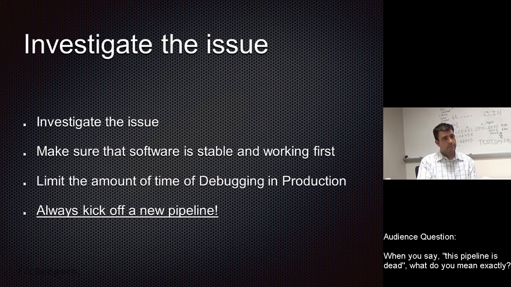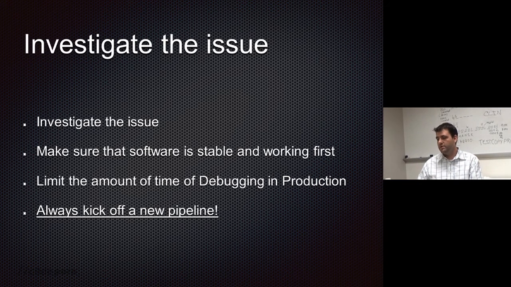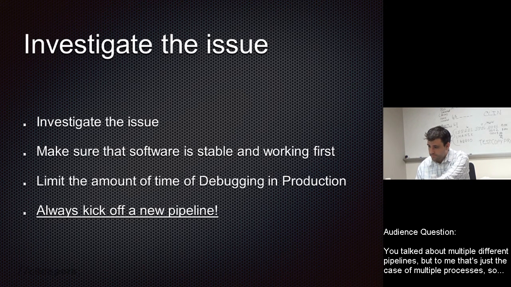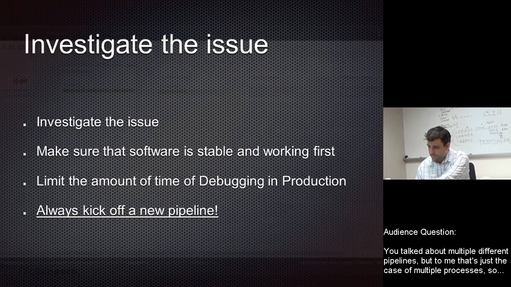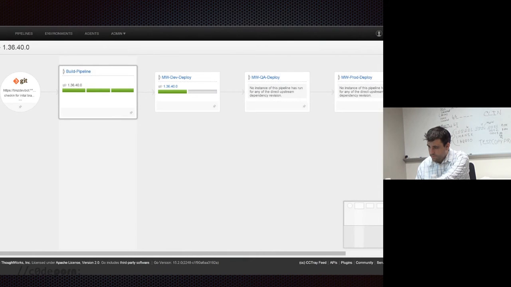When you say this pipeline is dead, what do you mean exactly? So what I mean exactly is here. Let's go back. Because you talked about multiple different pipelines, but to me that's just basically process. Okay, see, this is a series of pipelines.